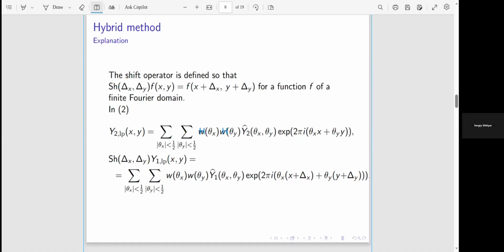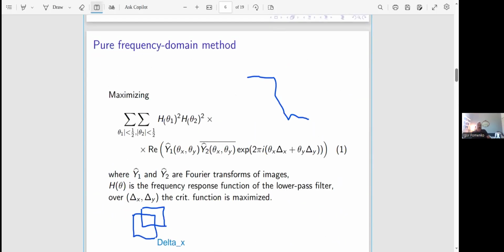The delta x and delta y are displacements between two images, x1, y1 and x2, y2, along the x-axis and y-axis. Physically it's clear.